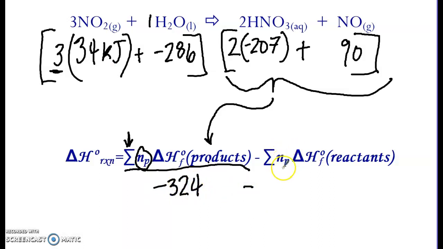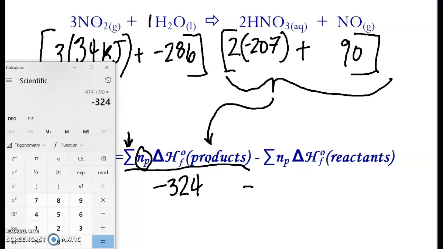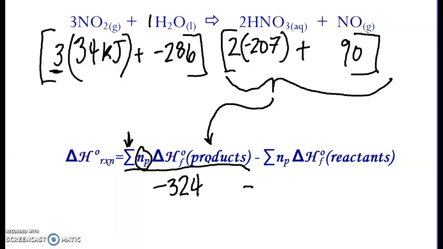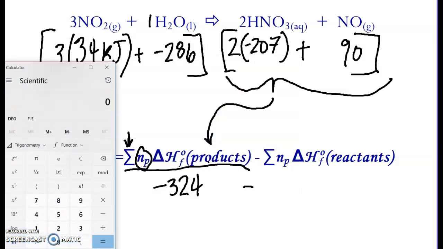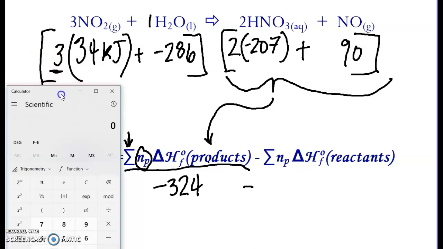And then from that we'll subtract out the reactants, the sum of all the reactants. Excuse me, it should be 3 times 34.